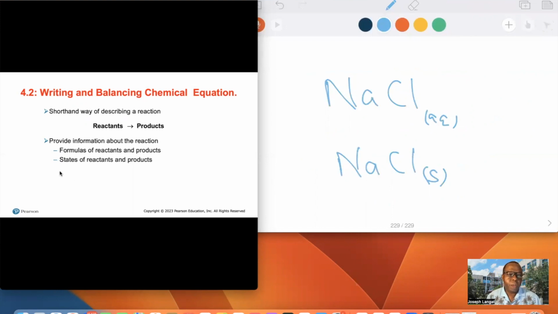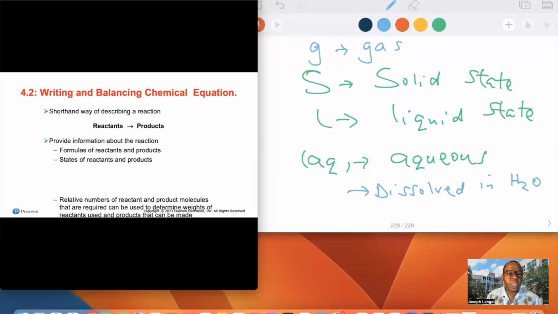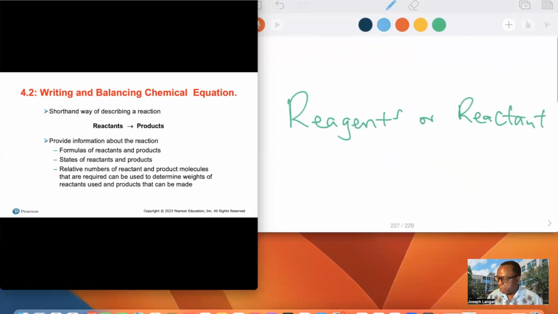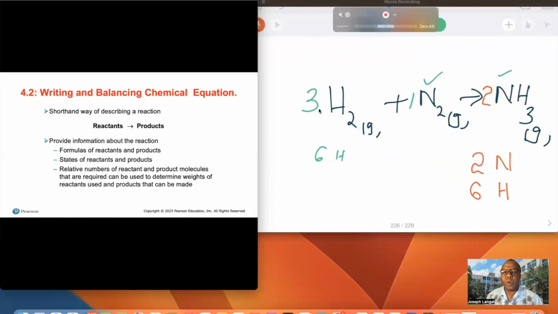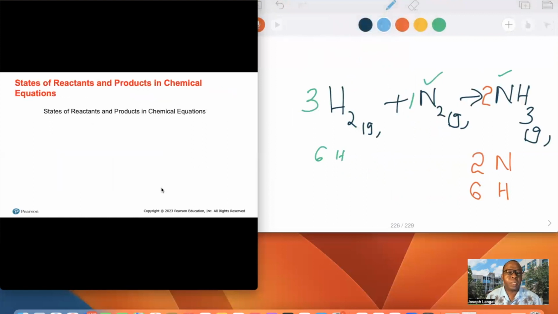So remember, the states have to do with liquid, and of course there is gas here. You need to know this means it is in gaseous state. You'll see that again. So remember, the coefficient in front of each one of these compounds or elements indicates the relative number of the reactants. We'll see that.